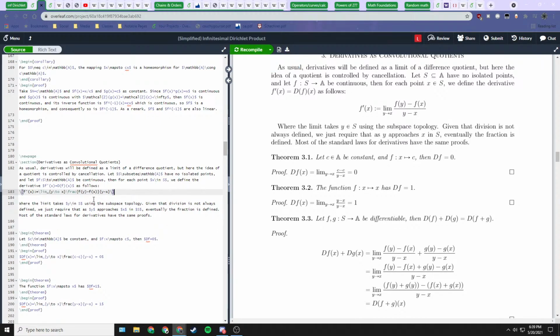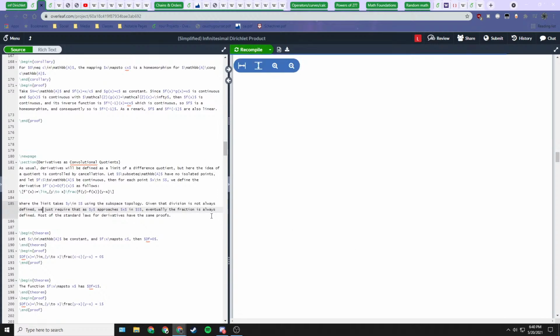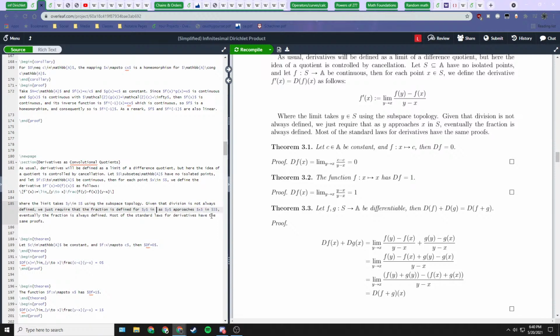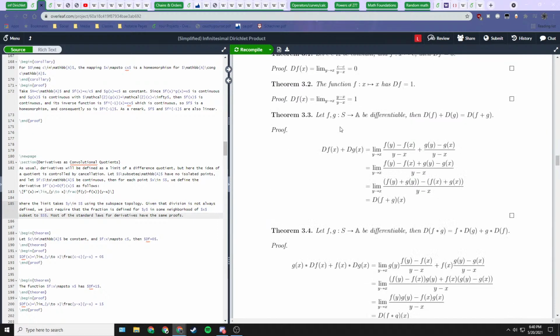Okay, so the limit takes y in S using the subspace topology. We could say here's this and this.